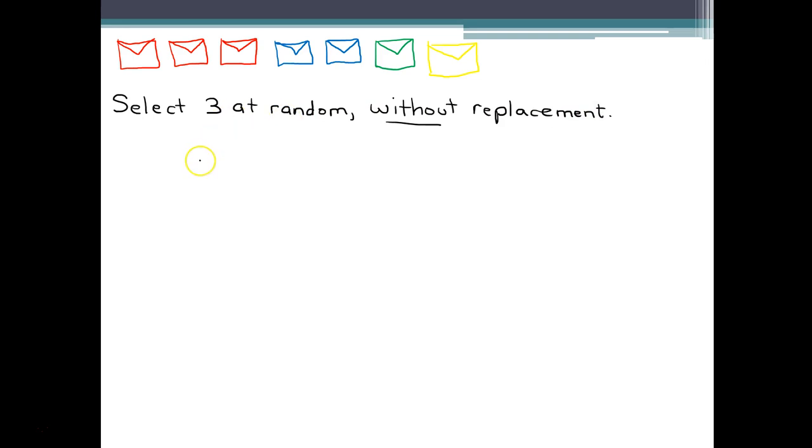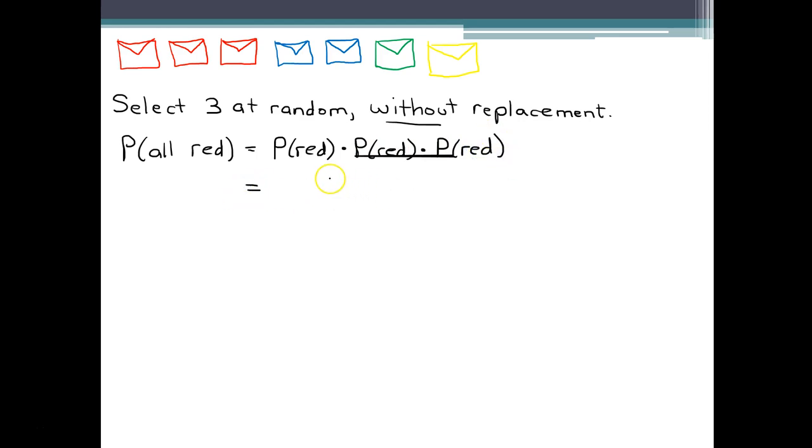Okay. Probability they are all red. So first selection's red, and second selection is red, and third selection is red.